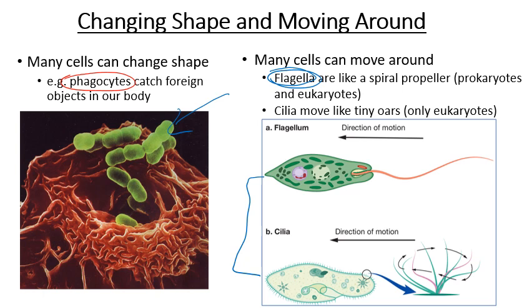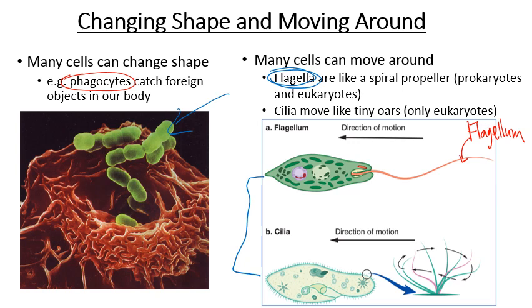Flagella is the plural and flagellum is the singular. So here's a little flagellum at the back. Flagellum just looks like a long tail. And the flagellum whips along like a snake, or it spins around in a spiral like a propeller, and that pushes the cell forwards. So this little unicellular organism can swim through the pond using its flagellum.